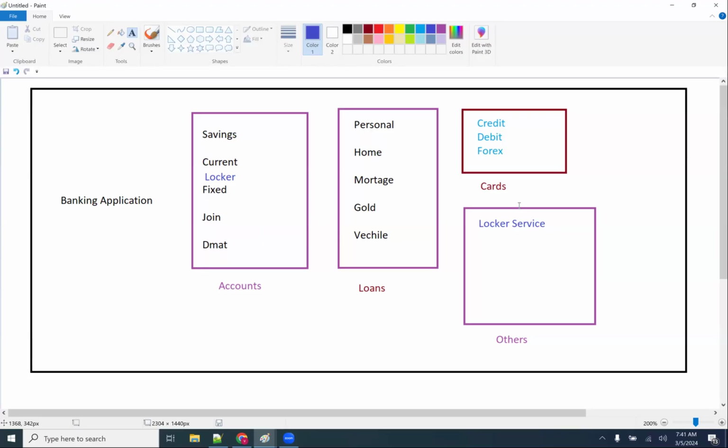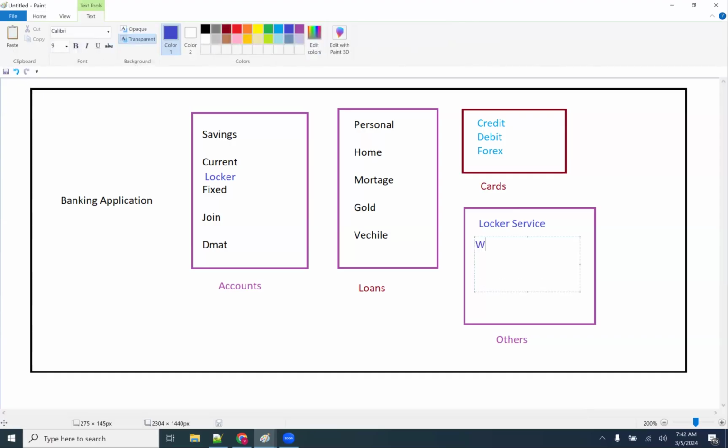That is what I am coming to. We are missing one main capability: withdraw service and deposit service. Check is a withdraw, right? So I need to write withdraw service and deposit service.